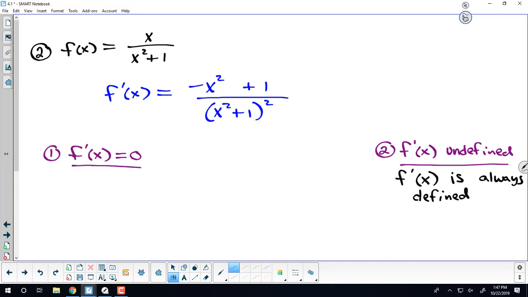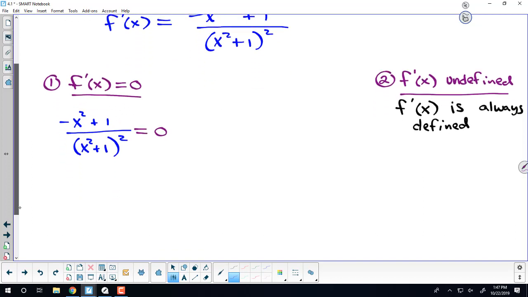Okay, where does our first derivative equal 0? At 1 and -1. When does a fraction equal 0? Only when its numerator is 0.